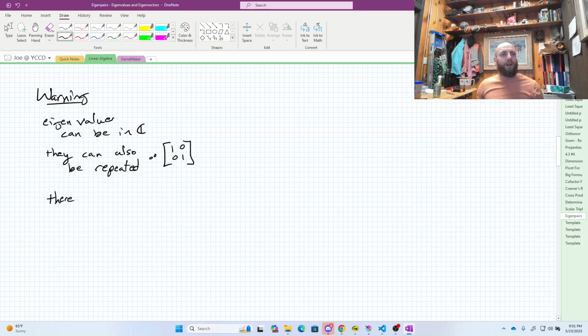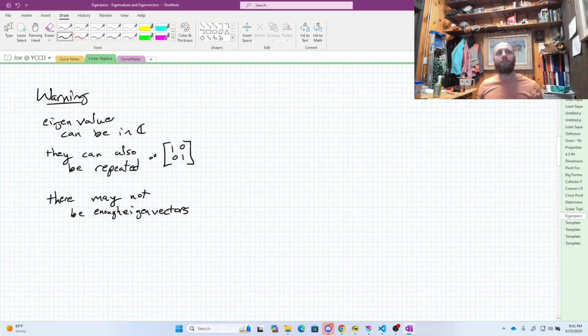So there may not be an eigenvector or there may not be enough. It's kind of a weird way to say this. Eigenvectors. So what I mean by that is you may have a repeated eigenvalue, so that eigenvalue might appear twice. It might not have 2 eigenvectors.